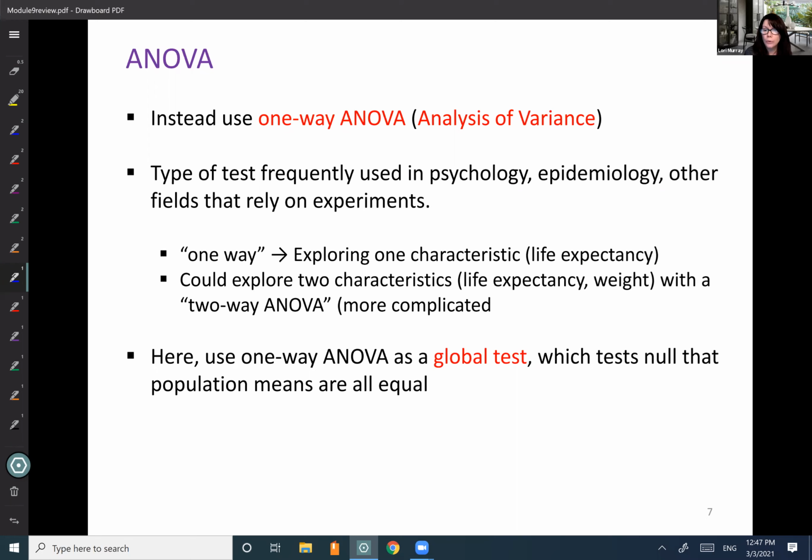We could explore two characteristics and have a two-way ANOVA if we had life expectancy and weight, let's say, but that is more complicated. Here, we can use a one-way ANOVA as a global test. Instead of running 15 t-tests, we could have one global test where the null hypothesis is that the population means are all equal.